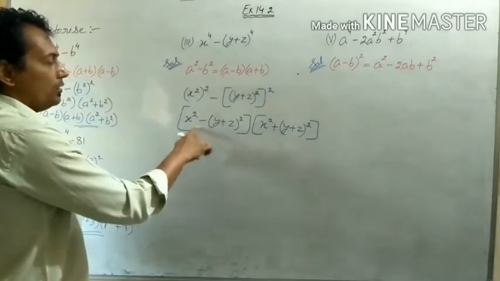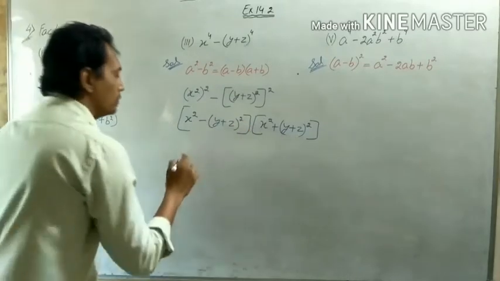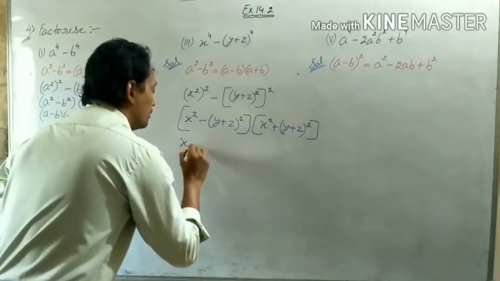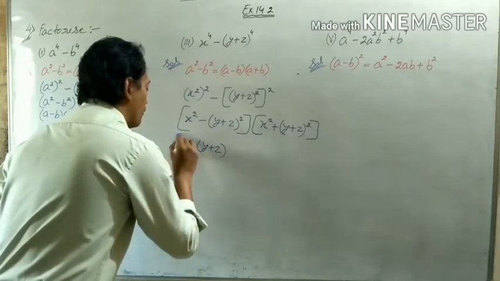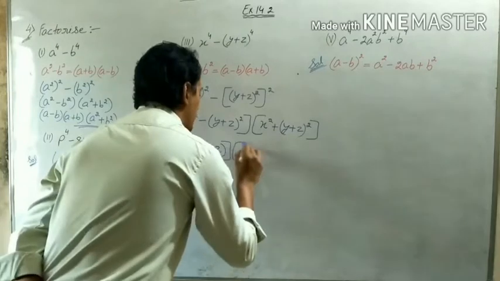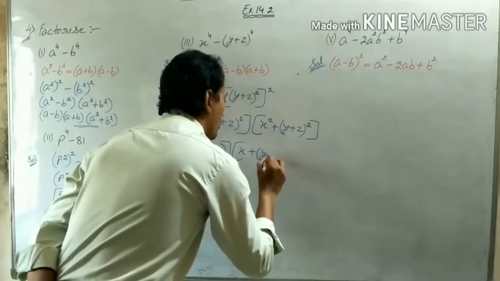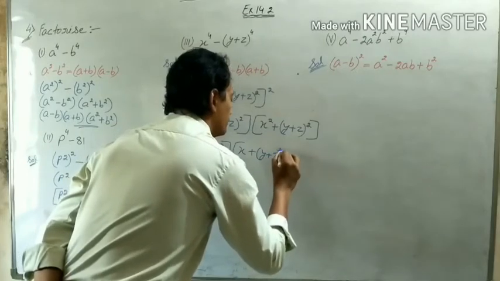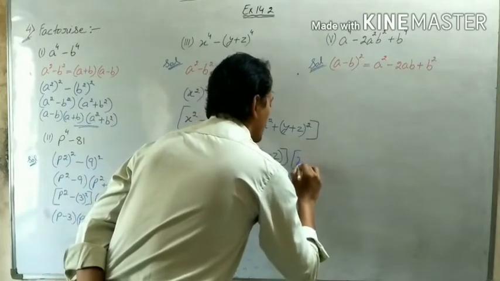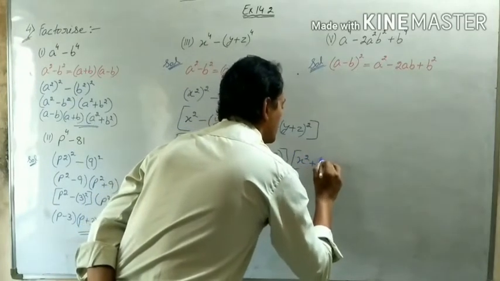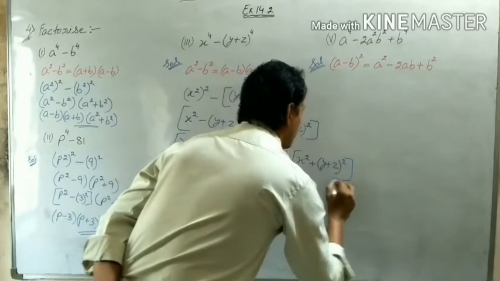Again applying the formula here, a square minus b square, so we get x minus y plus z and x plus y plus z, and the rest of the thing as it is, x square plus y plus z whole square.